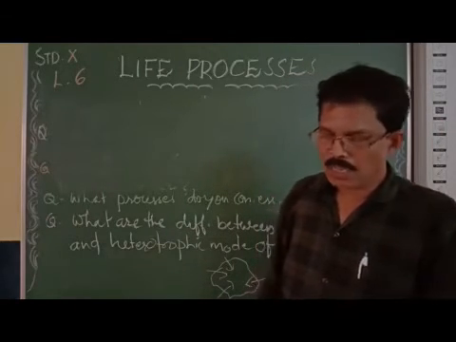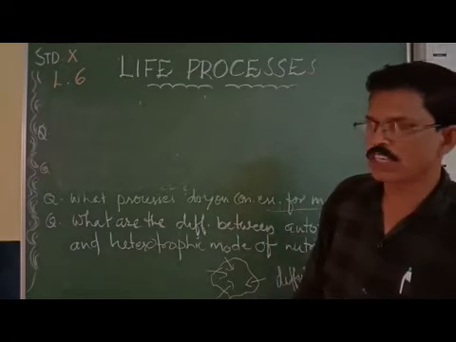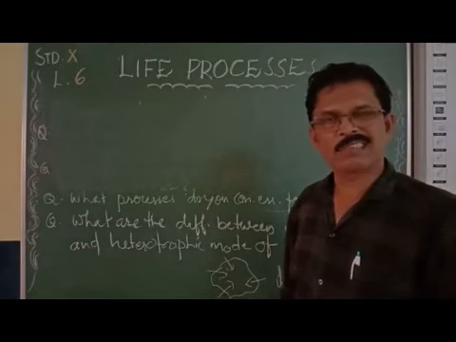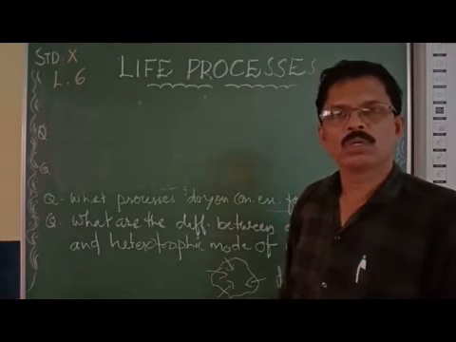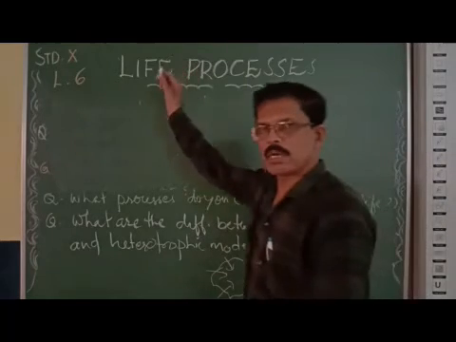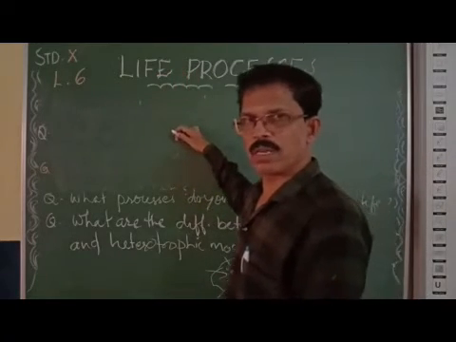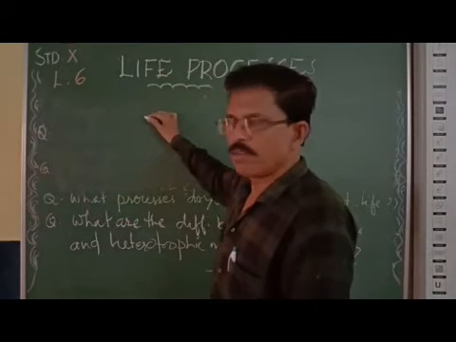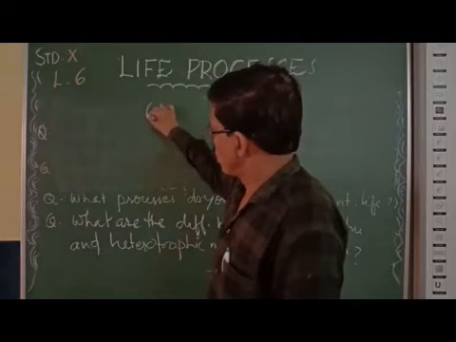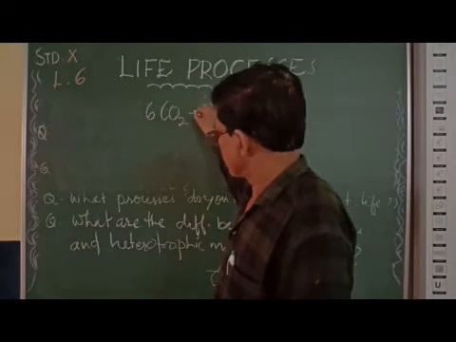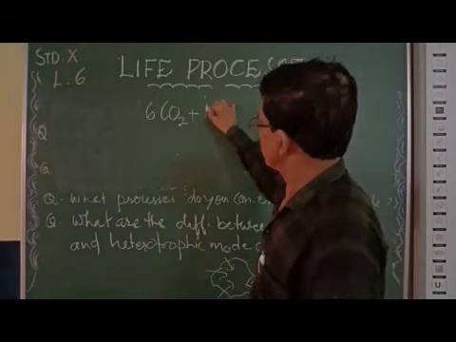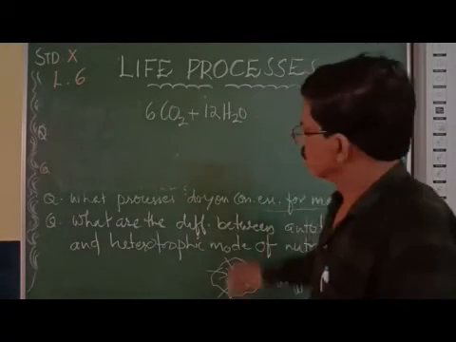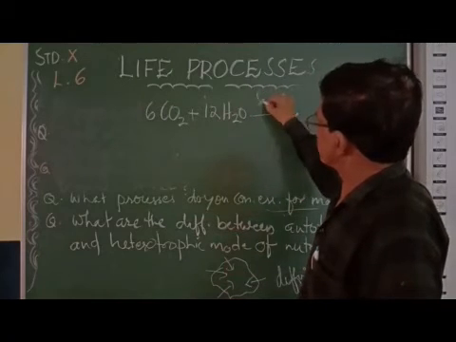Now, as autotrophic nutrition is the primary source of food for the entire world, let's study some points about photosynthesis. You might have studied photosynthesis in the lower classes, but let me write the equation. During photosynthesis, 6 molecules of carbon dioxide combine with 12 molecules of water in the presence of sunlight.